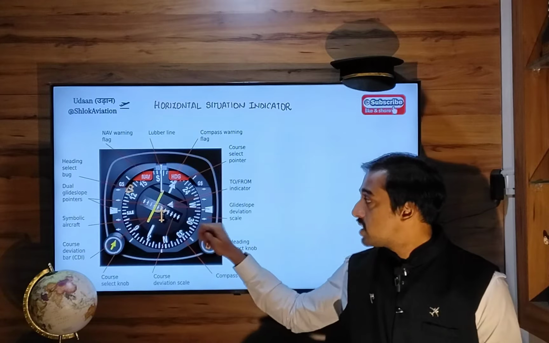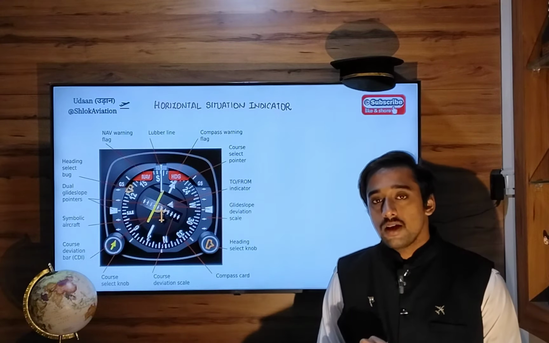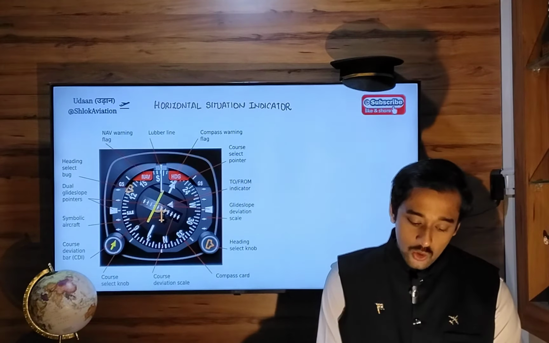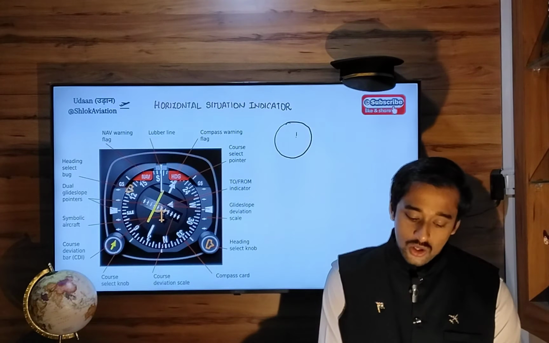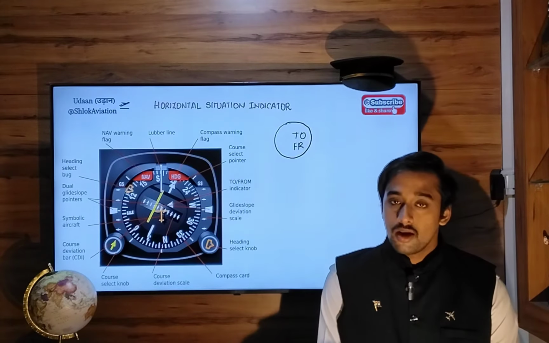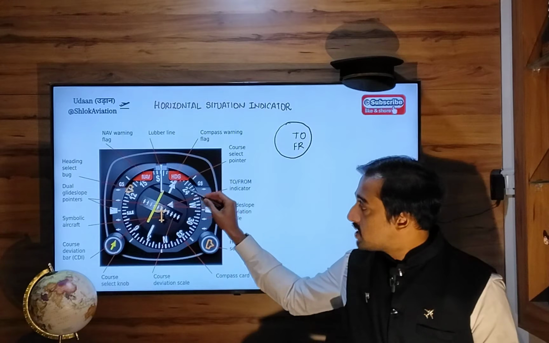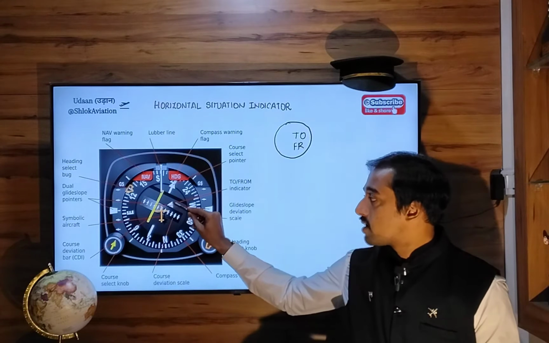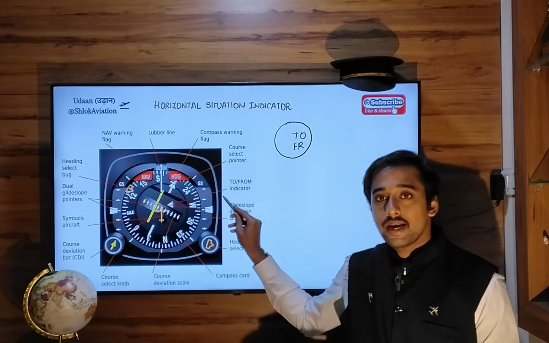And the second thing is the to from indication. Now in OBS selector, you have a to from indication written to from like this. But over here, you see this small triangle, white color, that is your to from indicator.